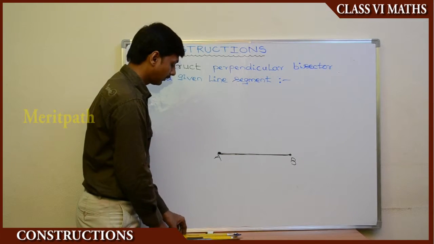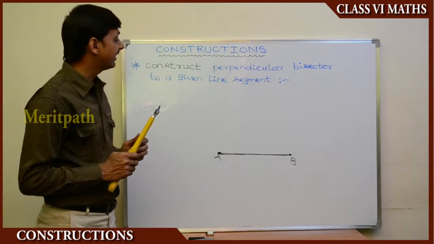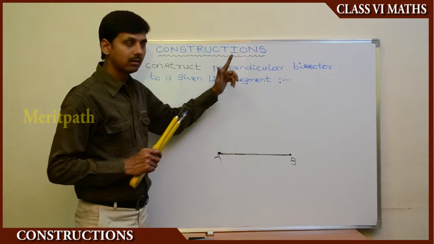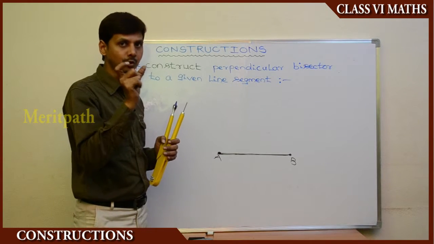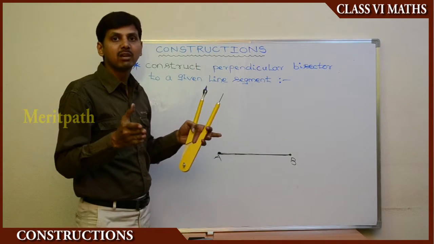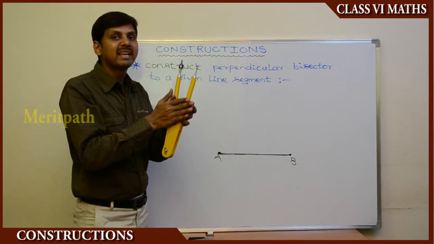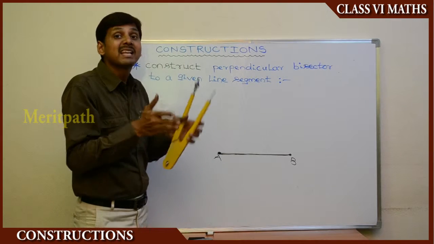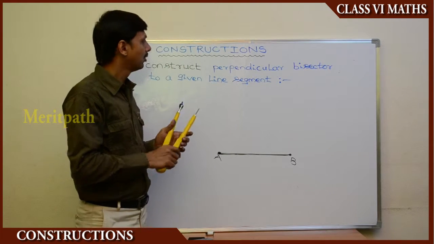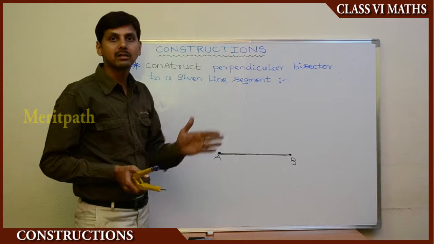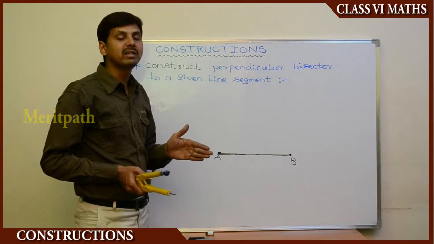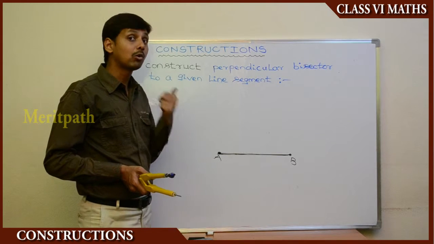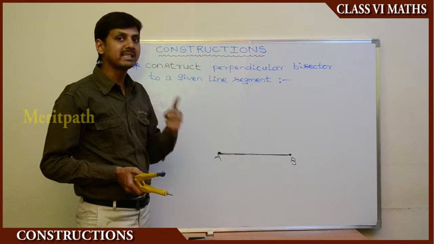To construct a perpendicular bisector for AB, bisect means dividing into 2 equal parts, and perpendicular means making an angle of 90 degrees. So the line we are making should divide the line segment into 2 equal parts and also make a 90 degree angle.